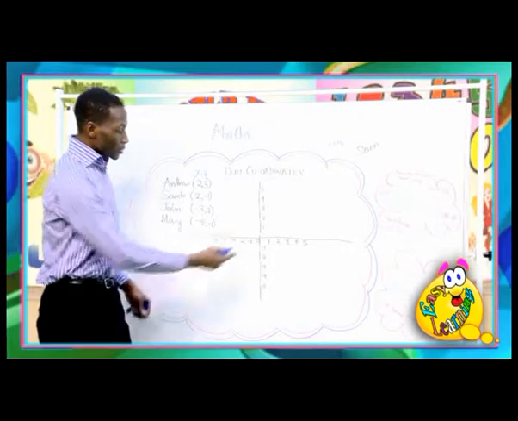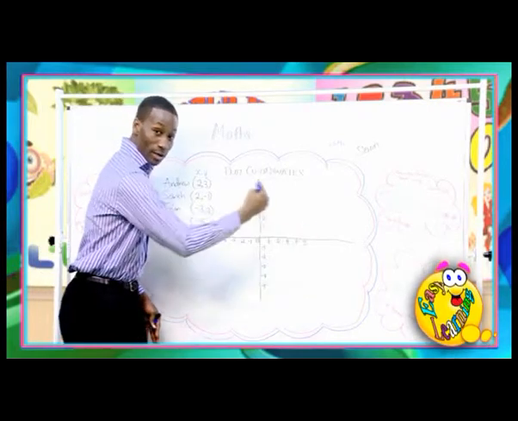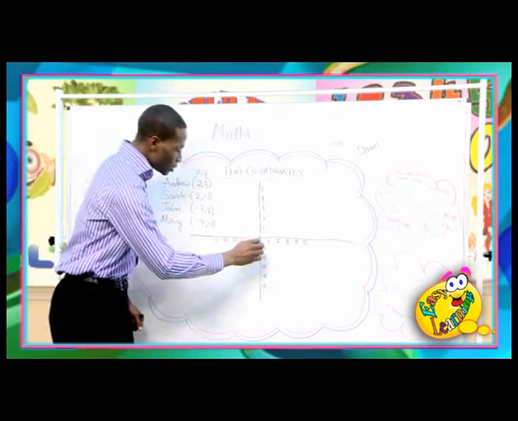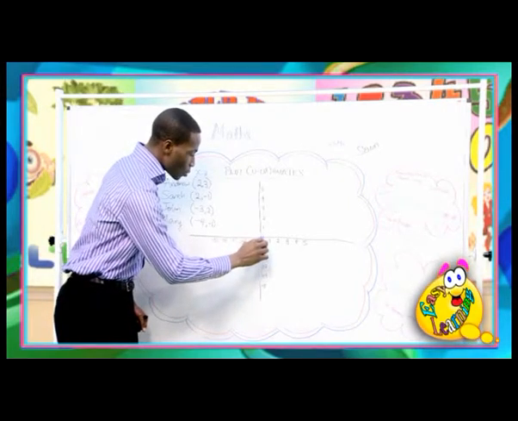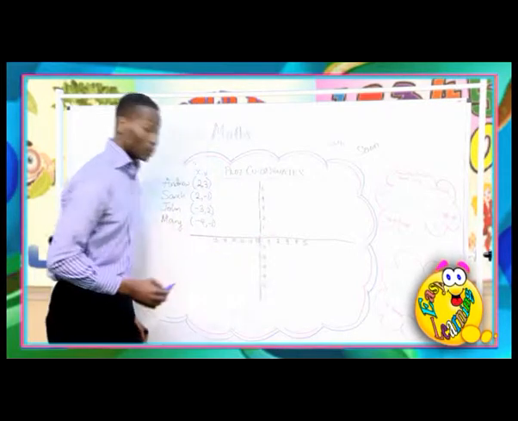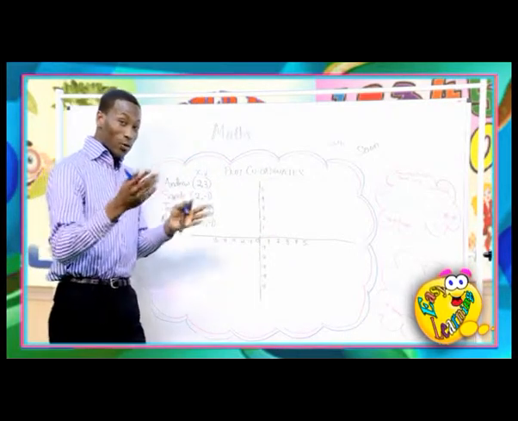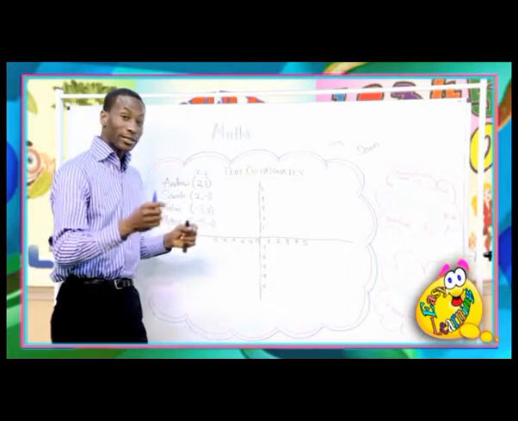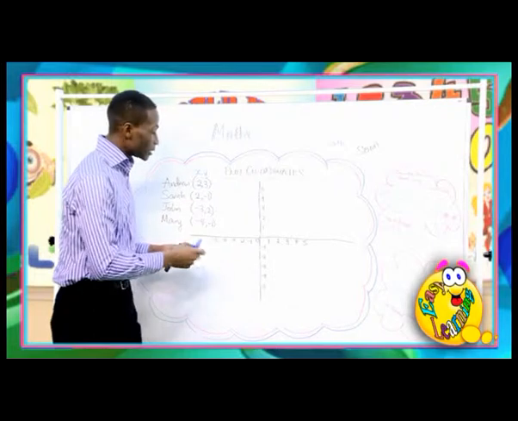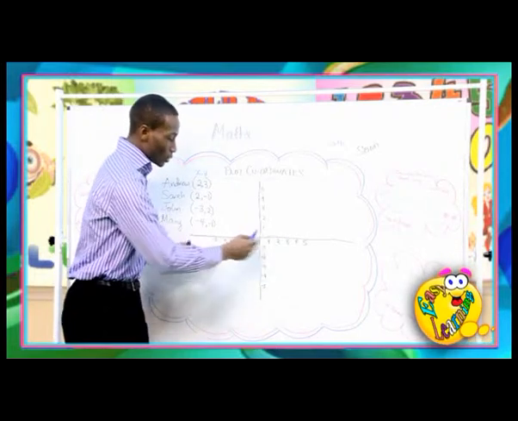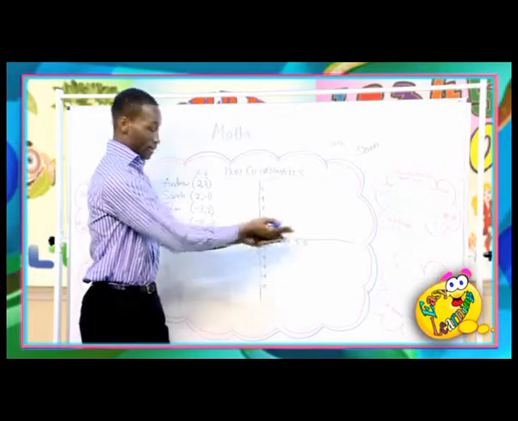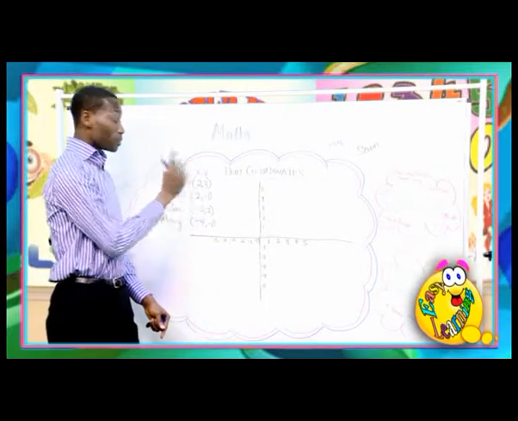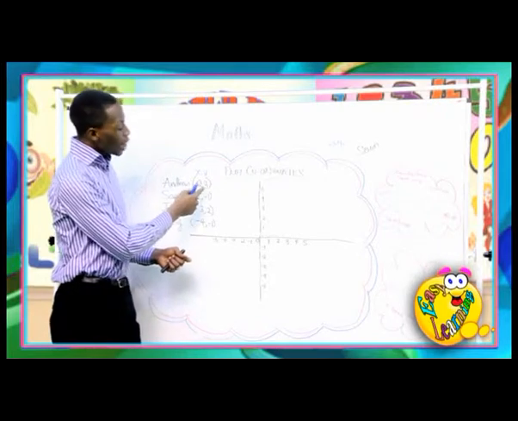So let's go to our grid, and let us move 2 paces. So Andrew, we need to move 2 paces forward. We go 1 and we go 2. Now, we are doing this with a pen, which is okay. Later on, you may need to erase these lines. We've moved 2 spaces in the x in the positive direction because Andrew's first number is 2, and then y is 3.